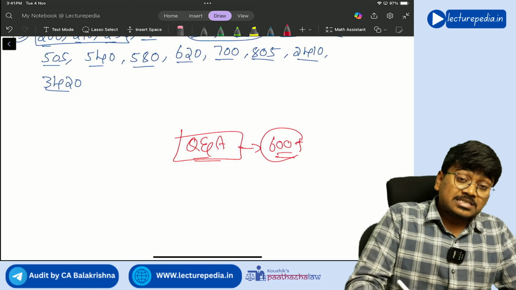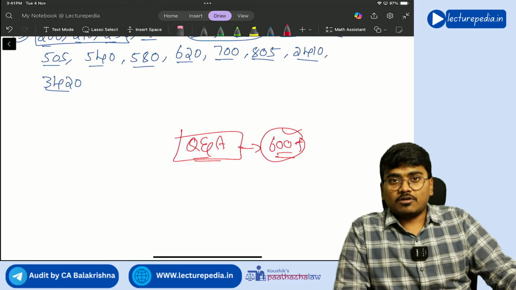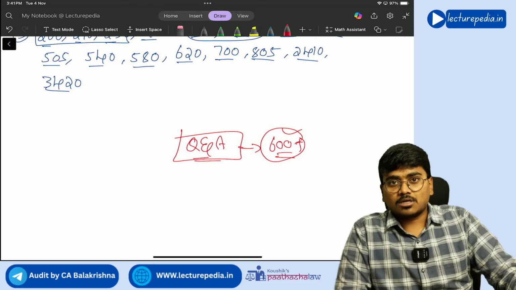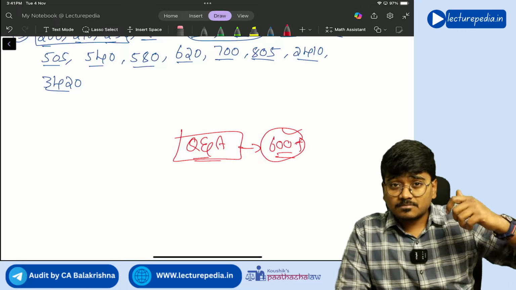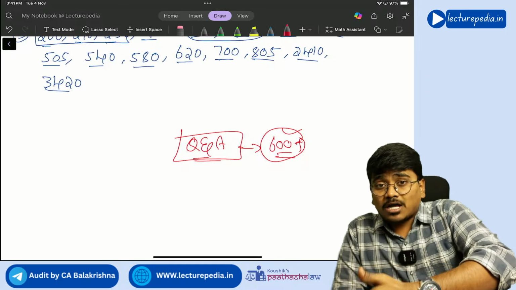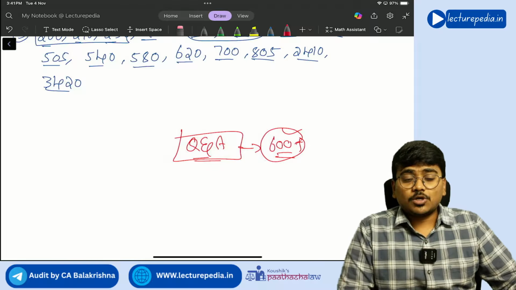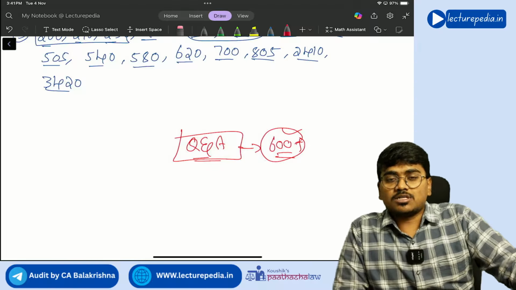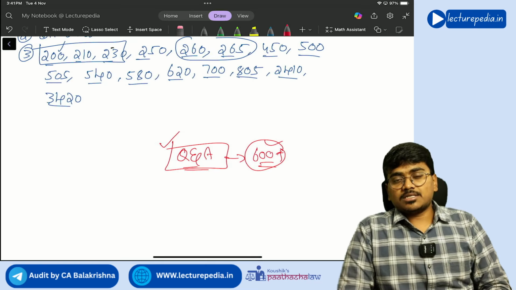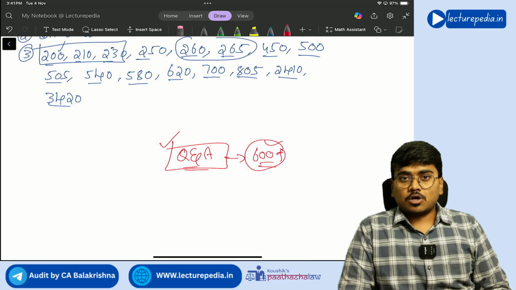Like this, there are 600 questions that have to be solved by you. See how many questions there are. So completely solve all those questions. Your concepts will get better only when you solve the questions. Until and unless you solve the questions, your concepts don't get better. Clear? So you should focus on question and answer also, along with the concepts.